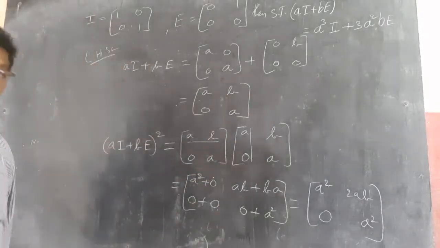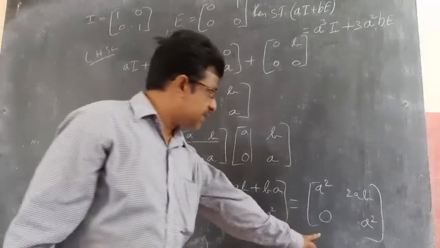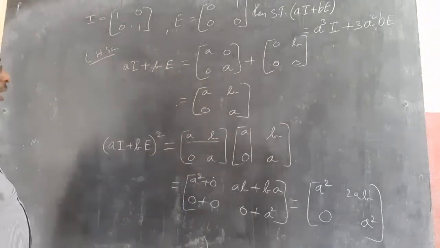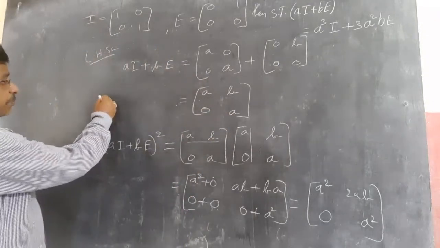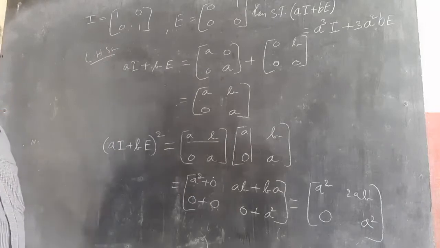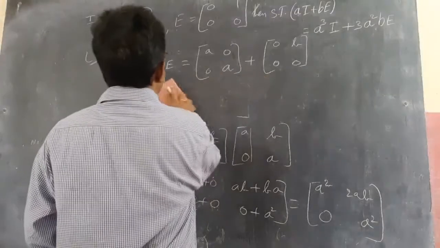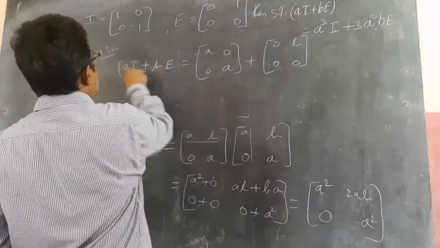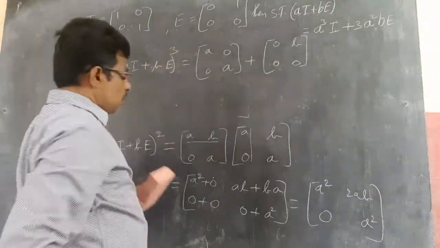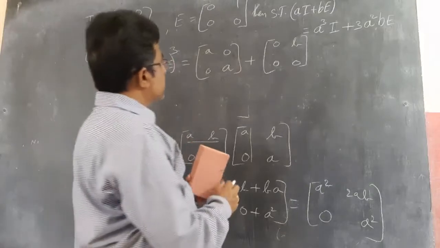Next I need to find the whole cube, which means multiplying the square by the matrix again. The cube is nothing but the square into this matrix again.